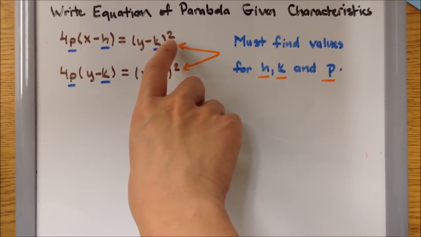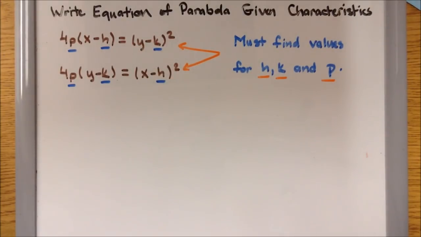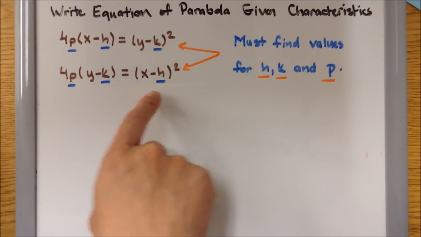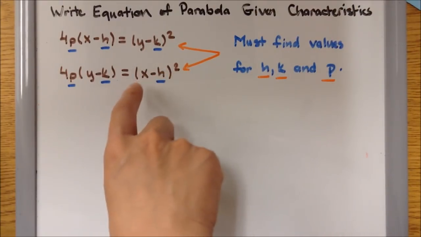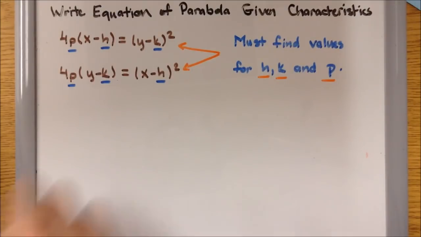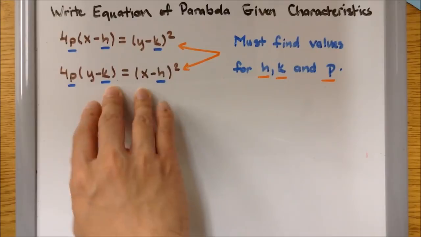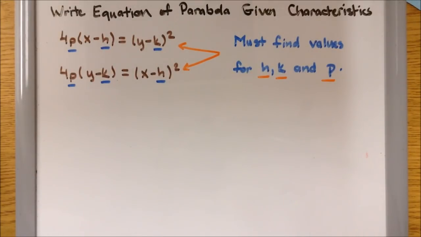So here, the square is on a y, so I'm going to use the formulas associated with the vertex, the focus, the axis of symmetry, and the directrix for this equation of a parabola. The second one, the square is on the x, so I will follow the formulas associated with this equation for the vertex, the focus, the axis of symmetry, and the directrix.